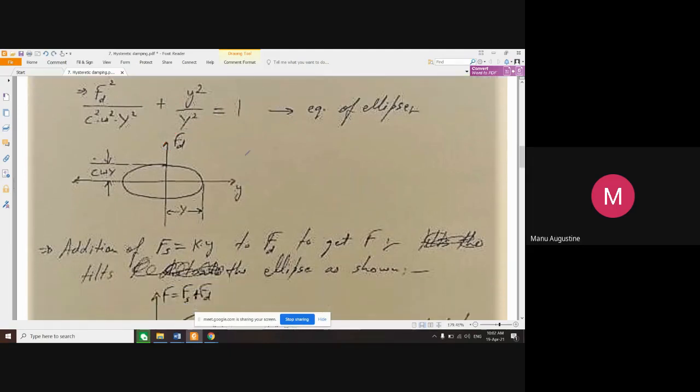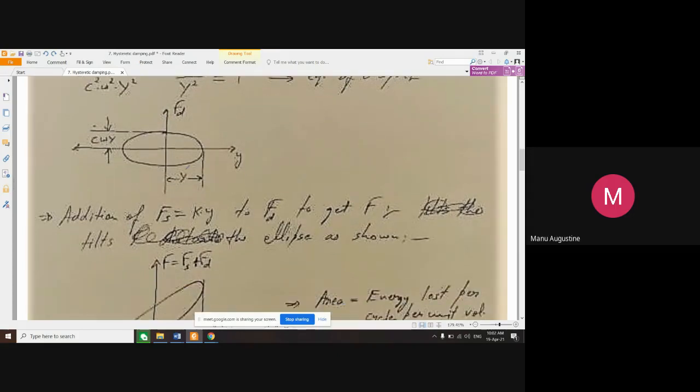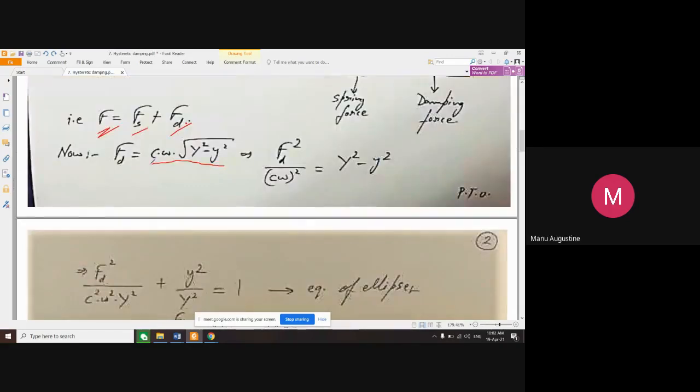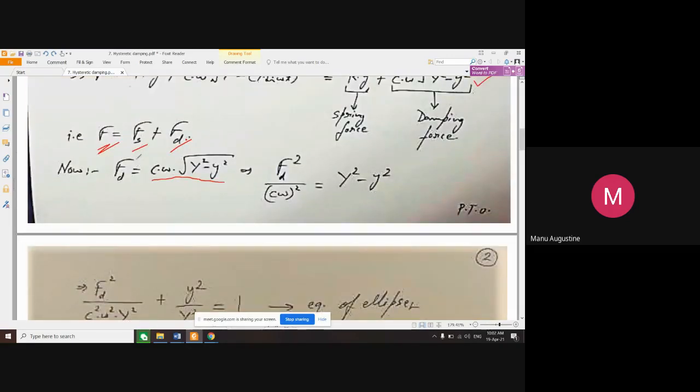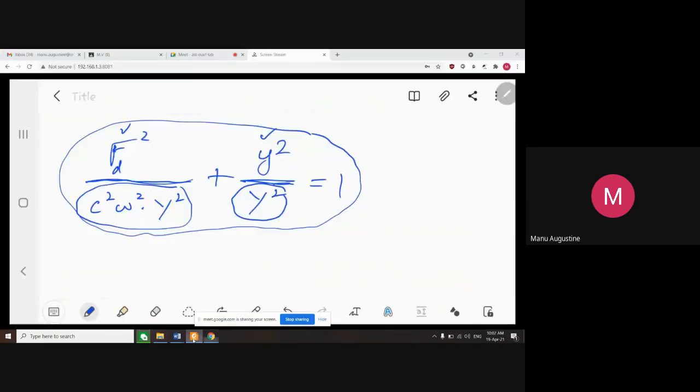But the thing is, after rearranging this, we see the appearance of an ellipse. But this elliptical structure in graphical format only represents the damping force Fd. Now, what about the spring force? If you look at the spring force, you can construct a similar one.